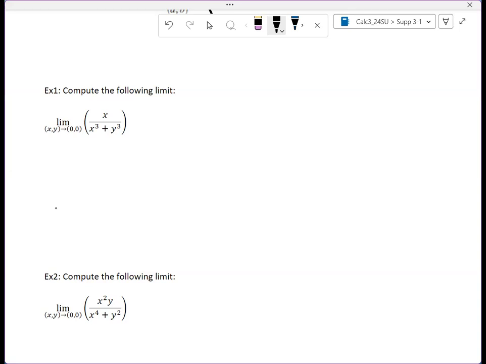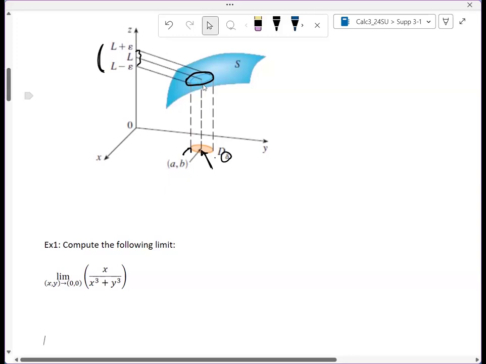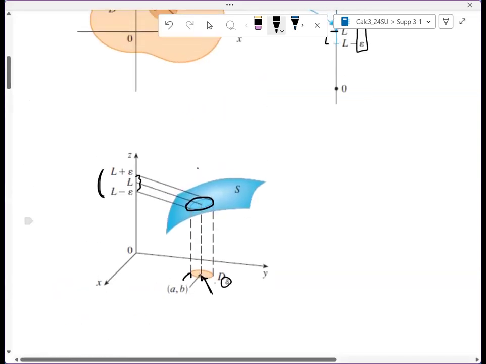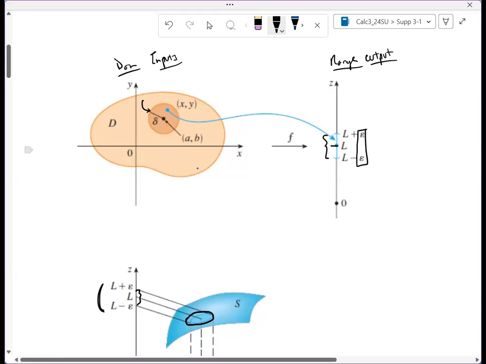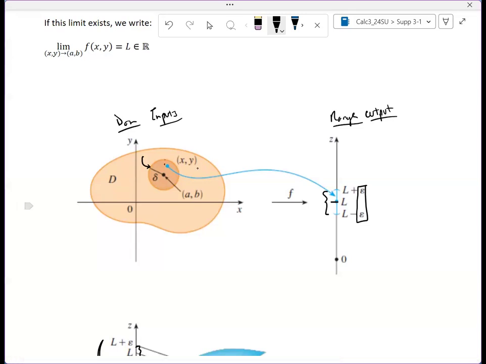So what's one thing I could do? My question is, what happens to these heights whenever I have points in some disk, in some neighborhood close to (a, b)? I could choose certain points. Maybe I'm interested in points where x equals a and y is allowed to vary.